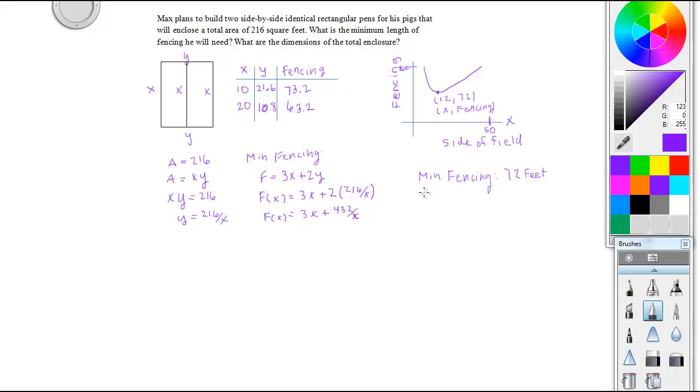And the dimensions of the field are x by y. X we know is 12, and y is 216 divided by 12, which comes out to be 18. Is that right? Yes, 18. So 12 by 18 feet.